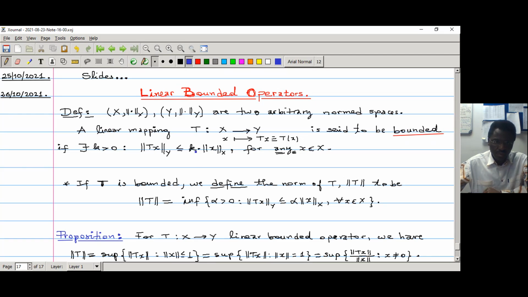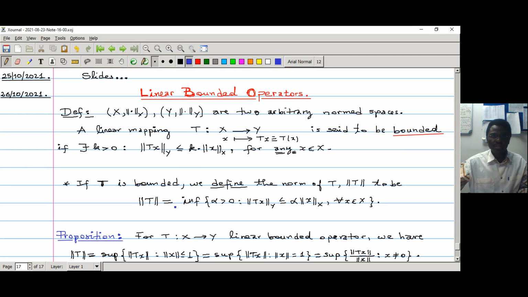So if you take a k that is less than this, or an alpha that is less than this, this is no longer true. So that's the norm. In other words, you can still write this in terms of the norm. That is, you remove this k, you replace it with the norm.